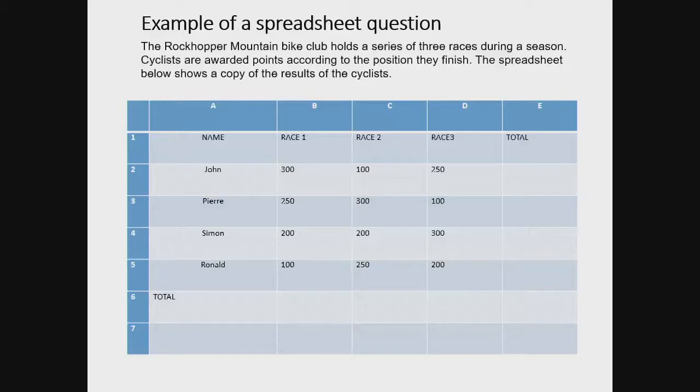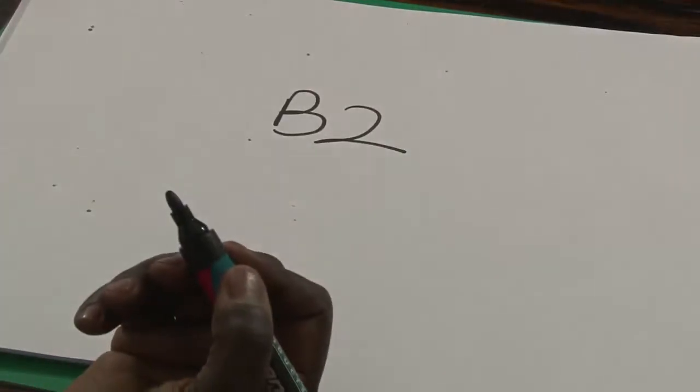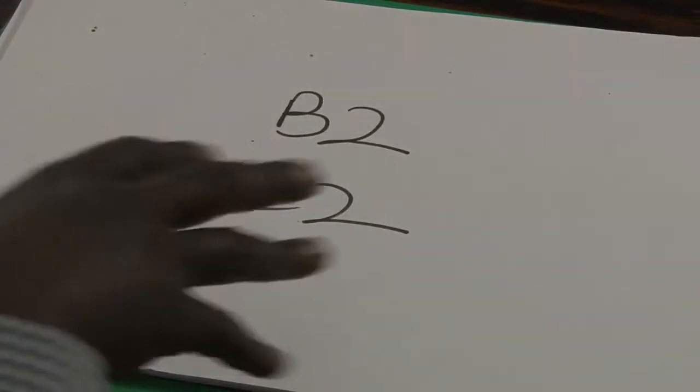All you need to do, for example, in this case, you can just tell me B2, or C2, but don't give more than one. If you give more than one to me, both correct and incorrect, that is what we call dumping.